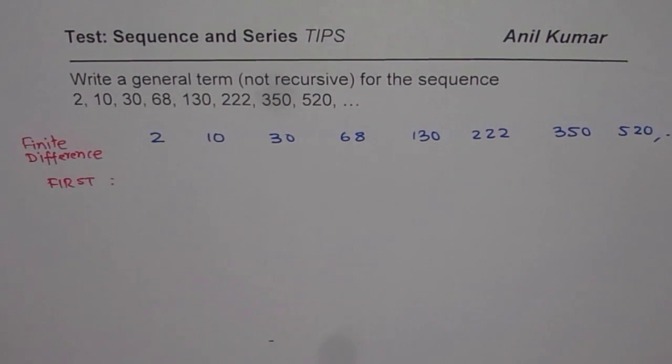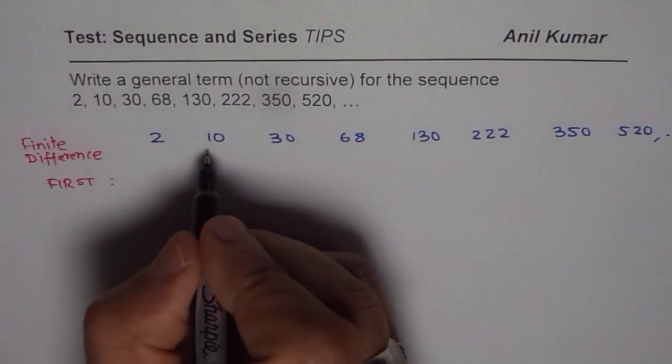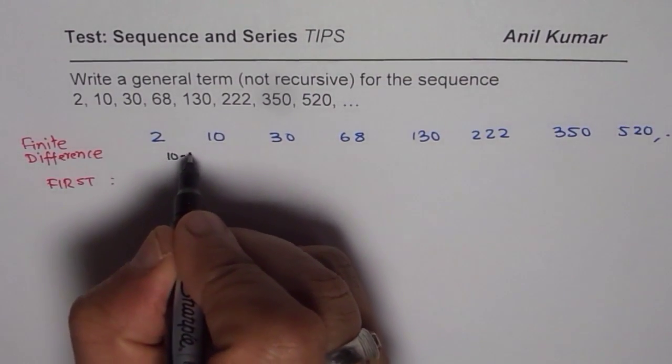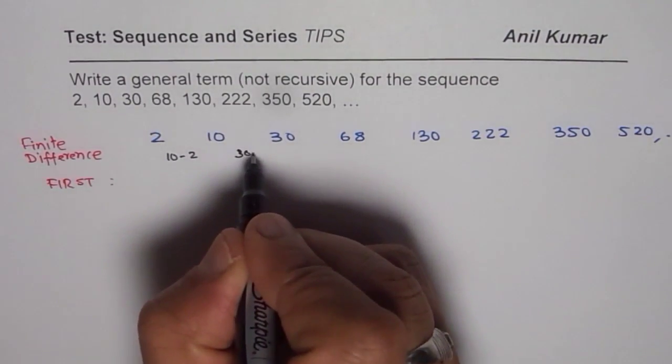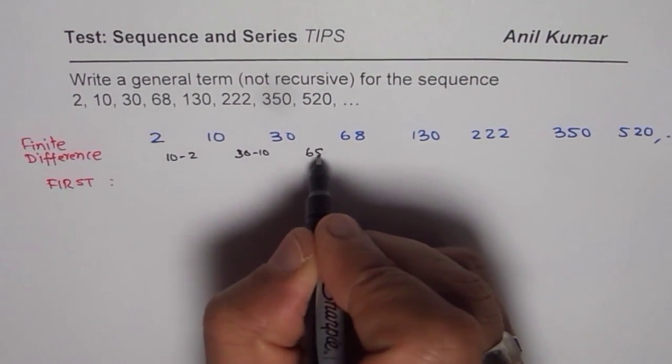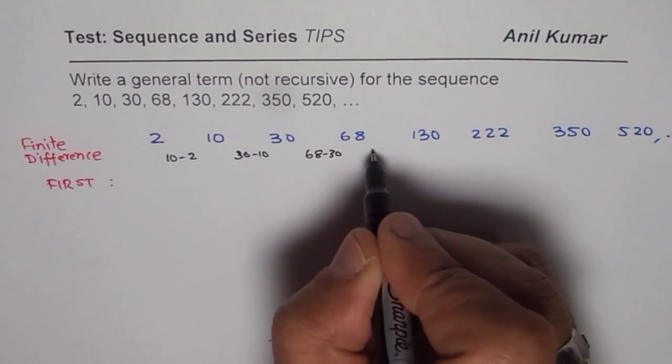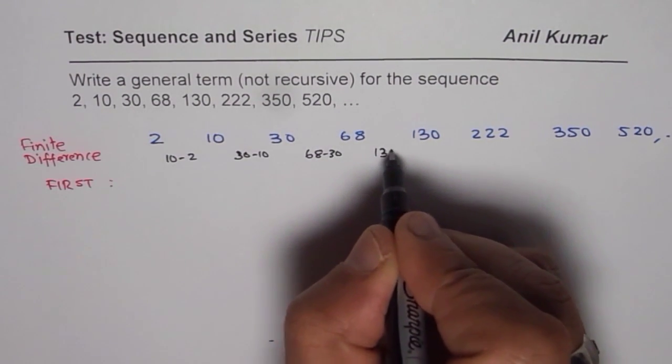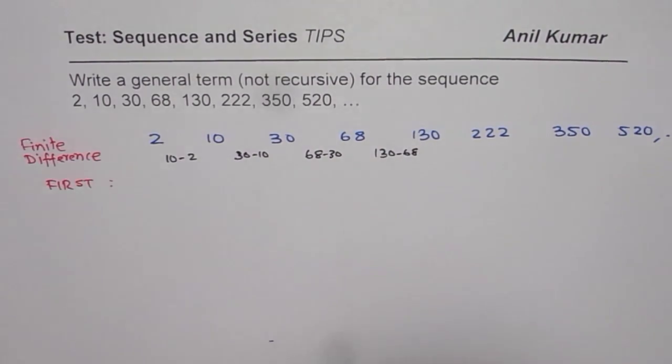That is 10 minus 2, then 30 minus 10, 68 minus 30, 130 minus 68, and so on, right?